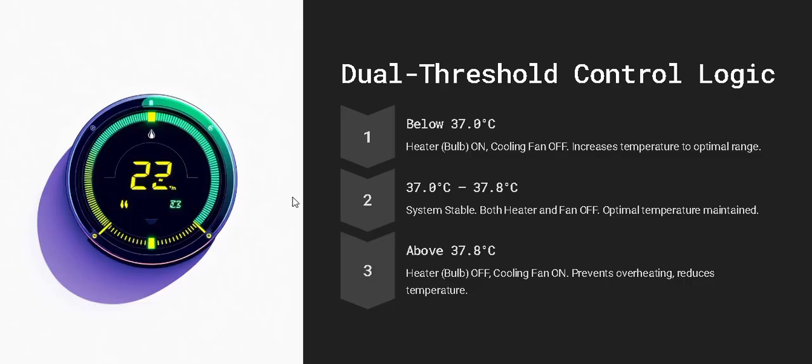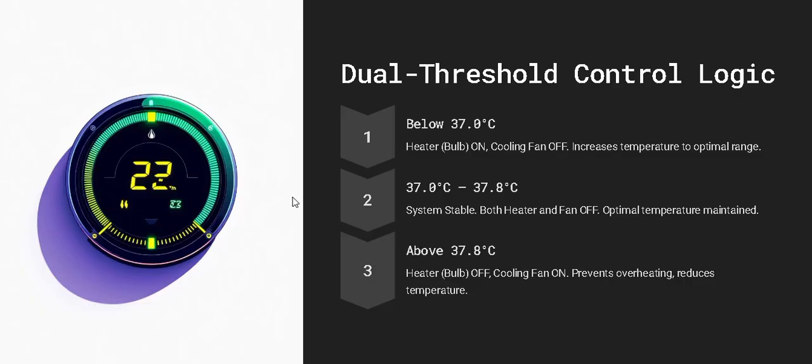Now we have the next slide, based on dual threshold control logic. To maintain a stable environment, we use a dual threshold control logic. When the temperature is below 37 degrees Celsius, the heater bulb turns on and the cooling fan remains off to raise the temperature.